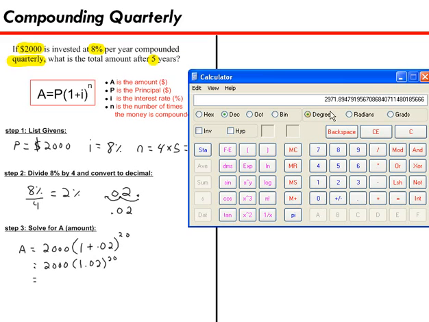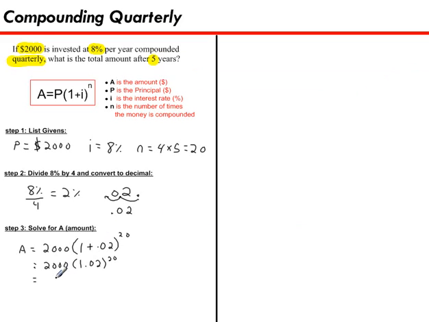And I get an answer of $2,971.89. We'll round to 2 decimal places. So the final amount is $2,971.89. And that is my final answer.